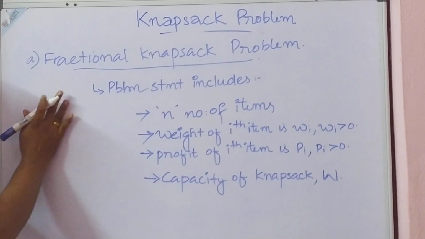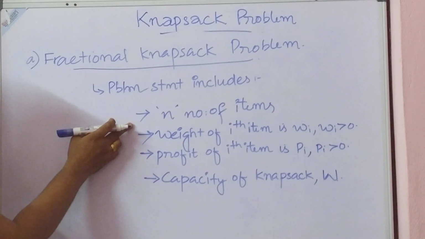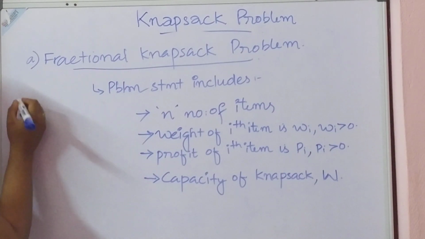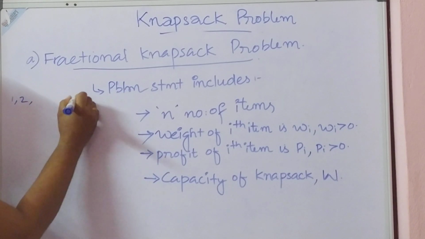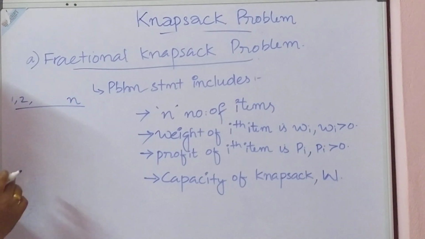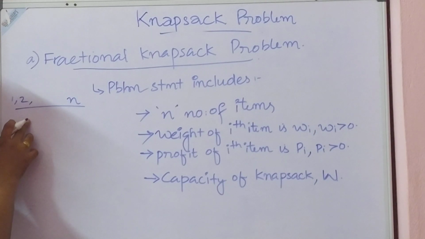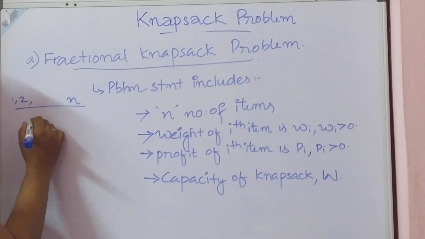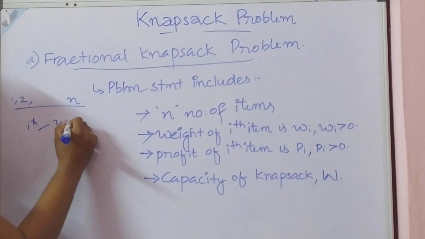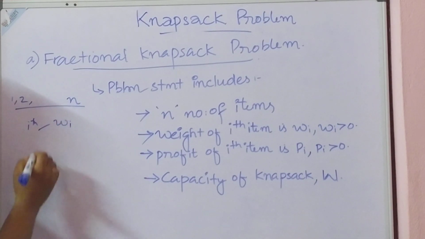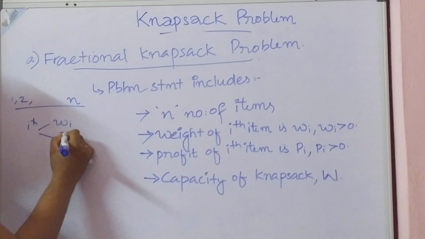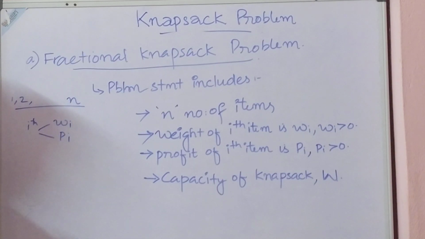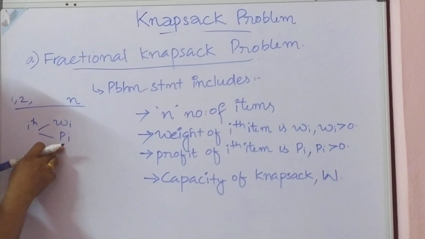The problem statement includes n number of items, 1, 2, 3, up to n, and for each item there is a weight and profit. For the ith item, the weight is denoted as Wi and the profit is denoted as Pi.